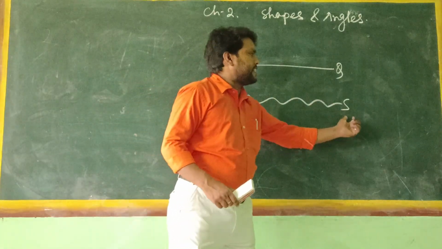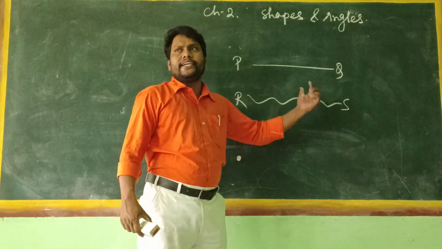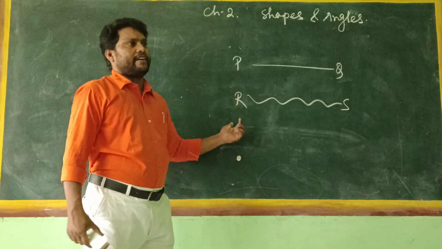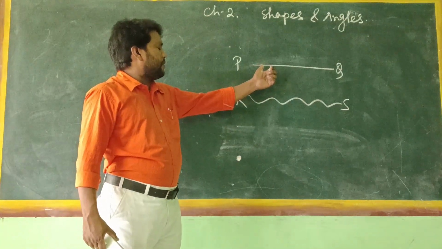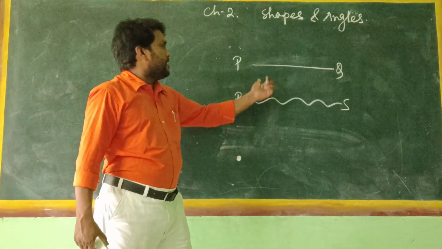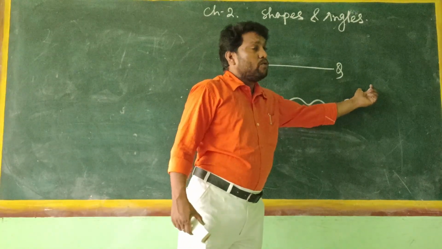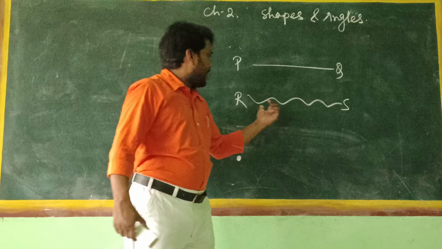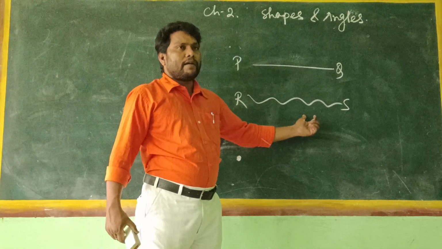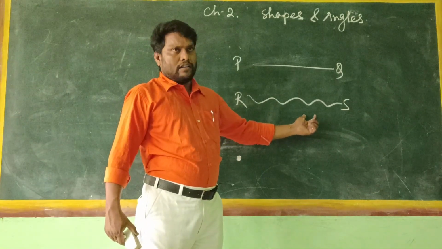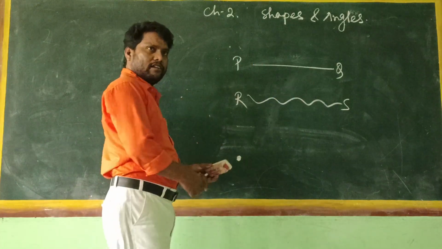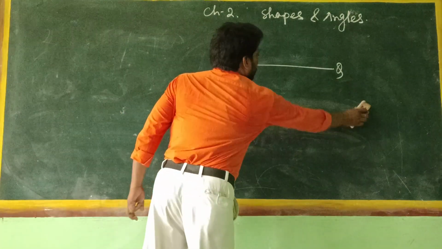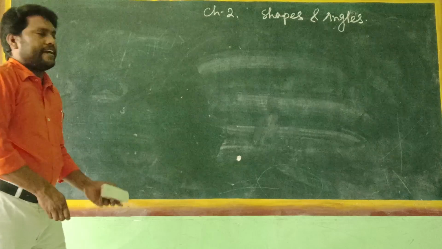That means RS changes its direction many times. So it is called a curved line. So what is the difference between a straight line and a curved line? A straight line goes straight without changing its direction, and a curved line goes from one place to another place by changing its direction, curvedly. So this is the next.